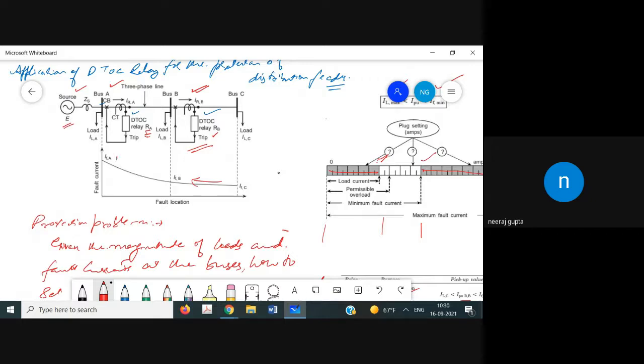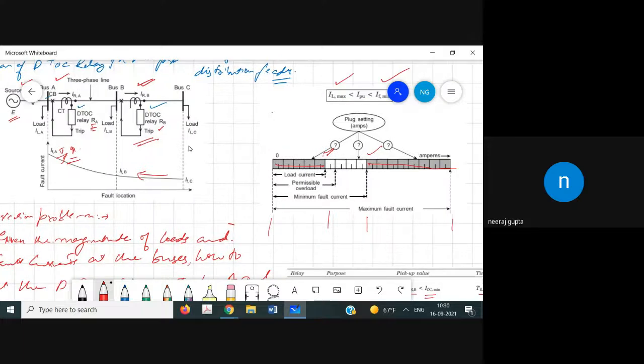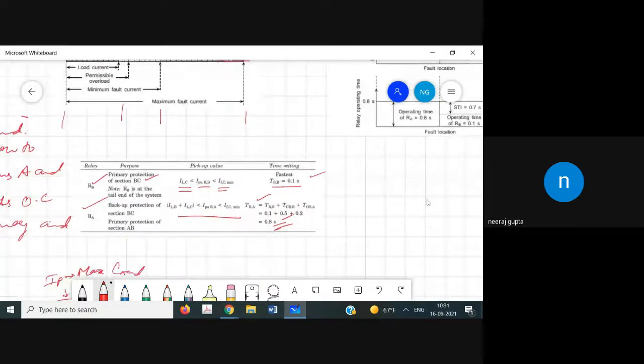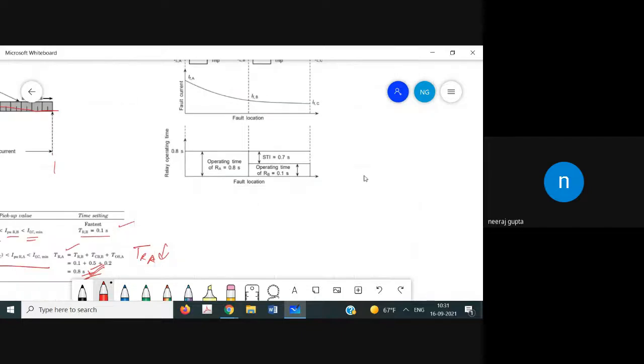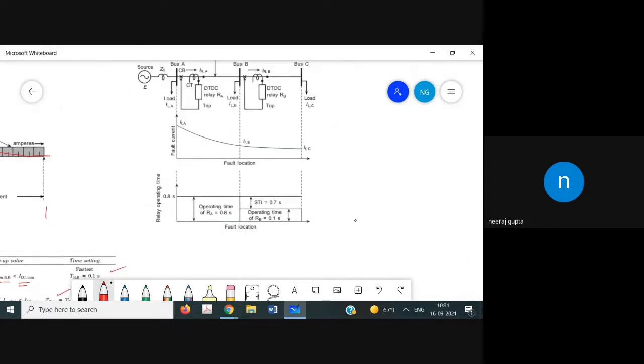However, as per our setting for relay RA, the operating time of this relay goes on increasing as the fault moves towards the source.